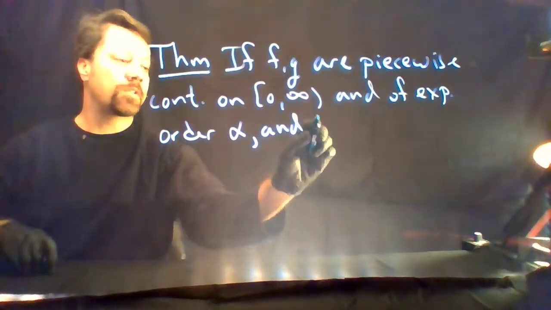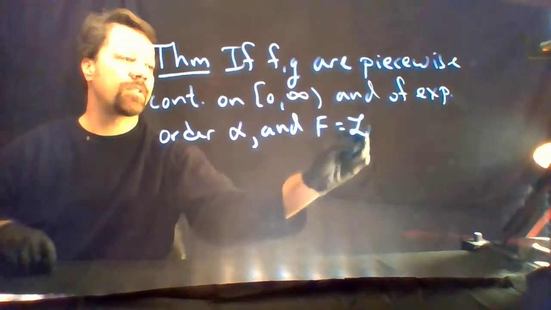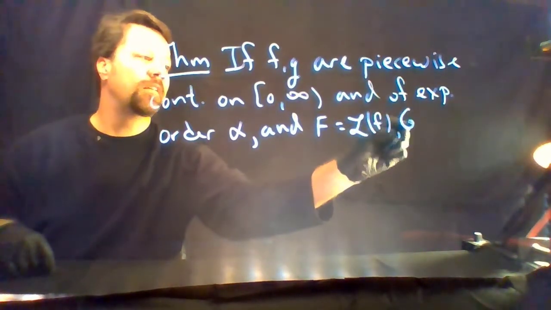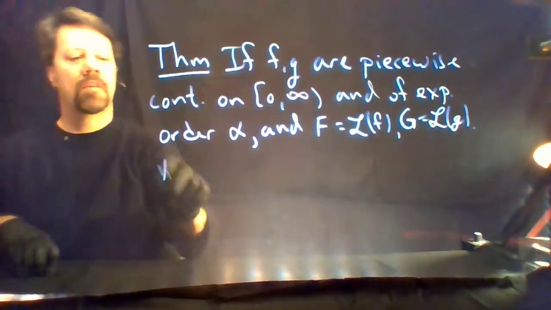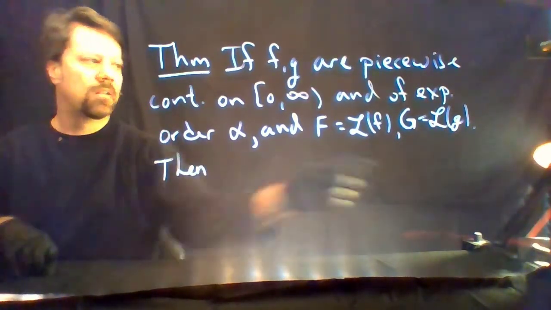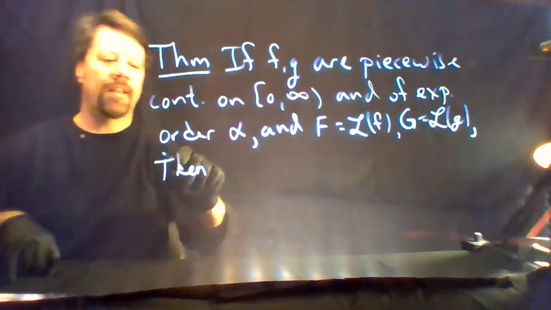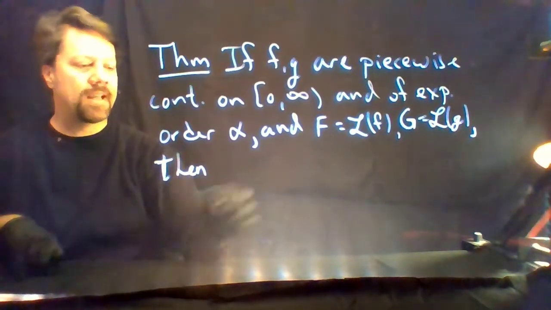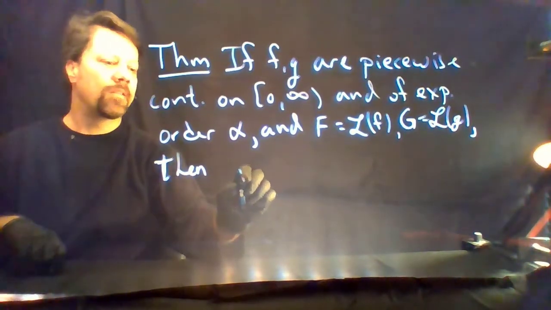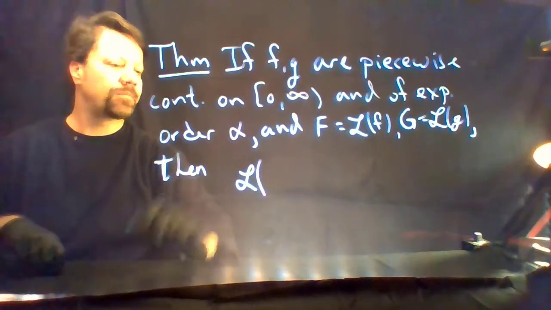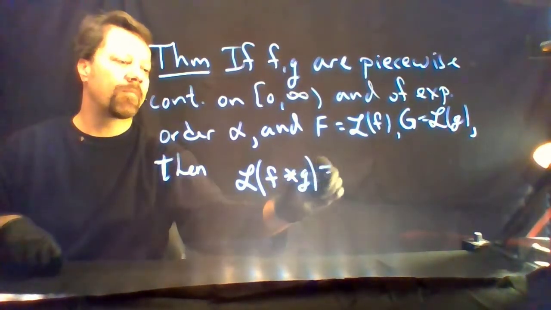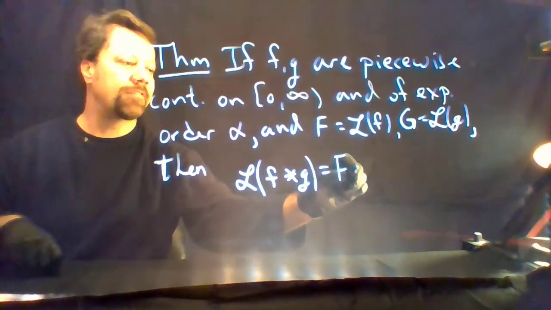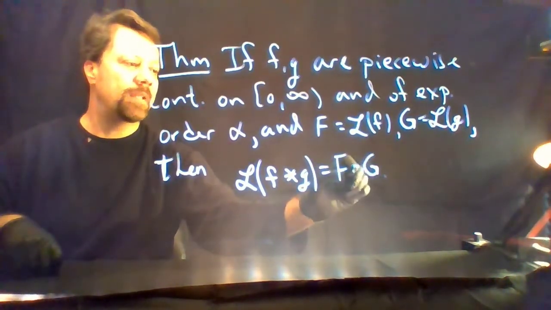Let's also suppose that big F is the Laplace transform of little f and big G is the Laplace transform of little g. Then it turns out that the Laplace transform of f convolved with g is big F times big G.